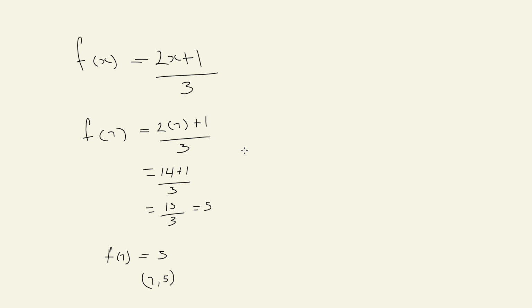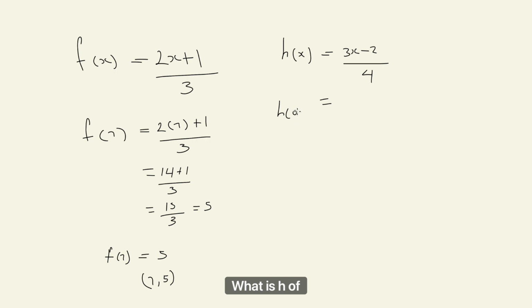Let us move on to another example. If h of x is equivalent to 3x minus 2 divided by 4, what is h of 0? And again, we take the value of 0 and substitute it for x in the function h of x equals 3x minus 2 divided by 4.